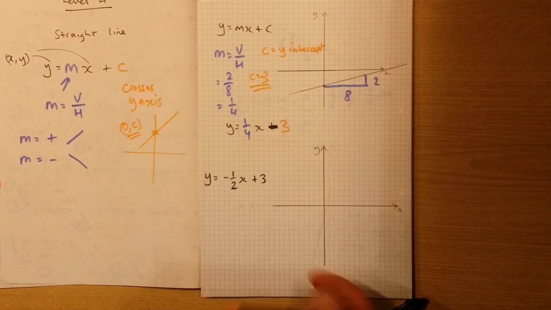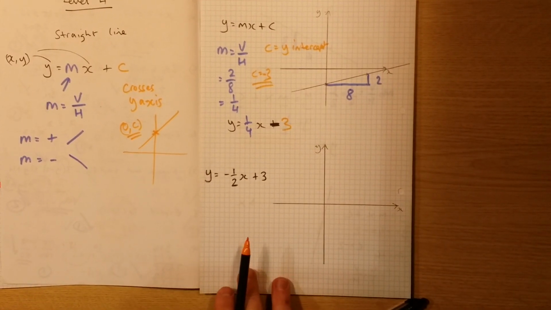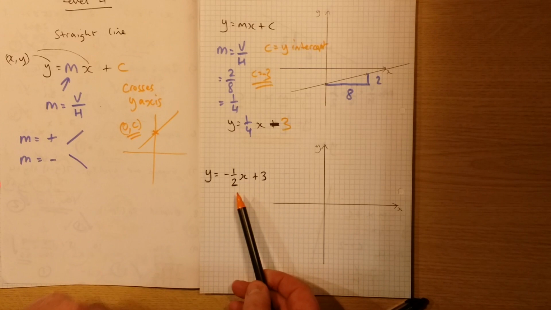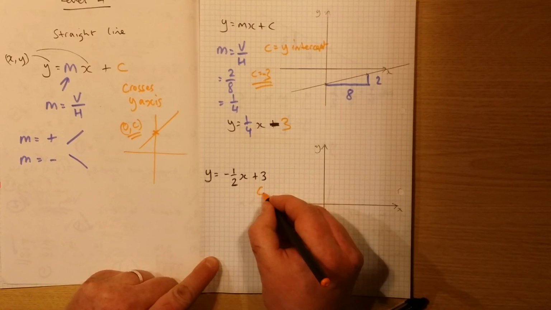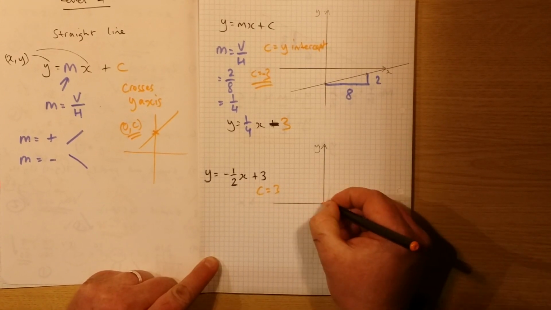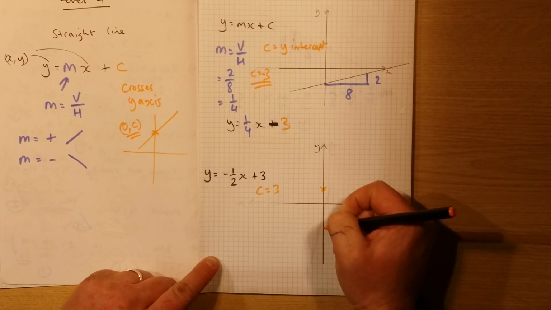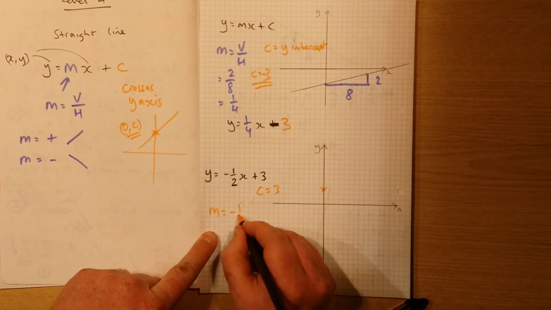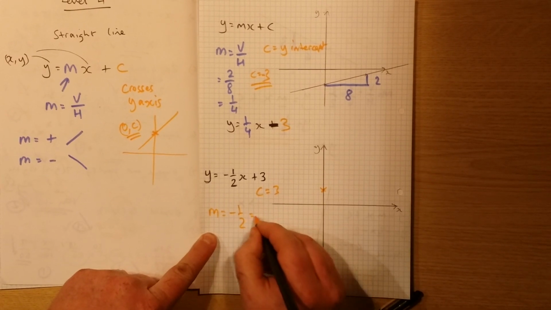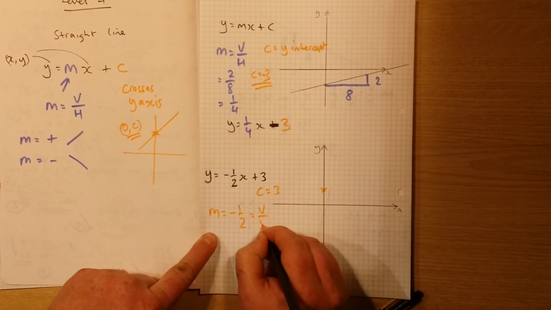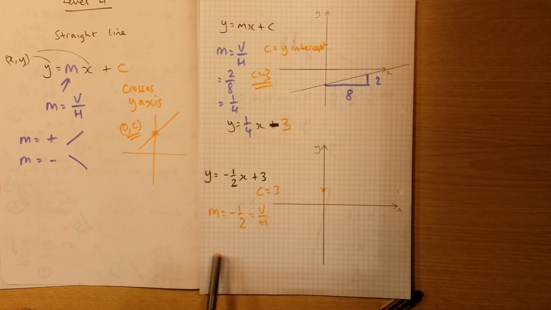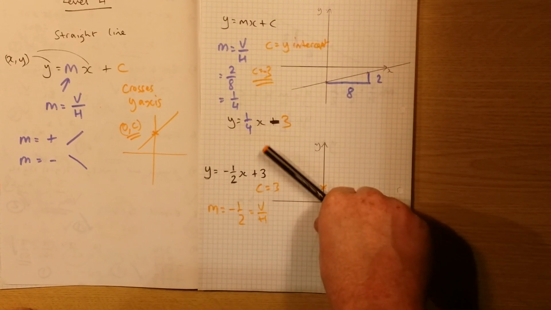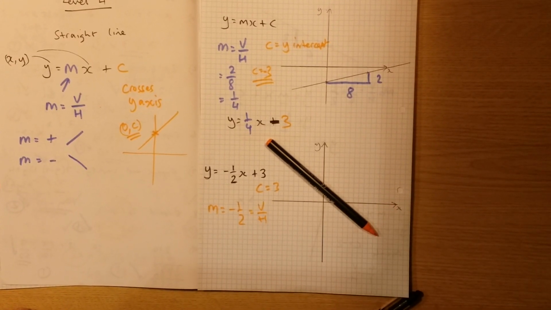Now, if I'm asked to draw this line here, so there's another example. First of all, I need to recognise that it's going to cross at 3. So 1, 2, 3, it's going to cross here. And I also need to know that the gradient is equal to minus a half. And again, that's the vertical distance over the horizontal distance. Now, because it's negative, it means that it's going to go down from left to right.